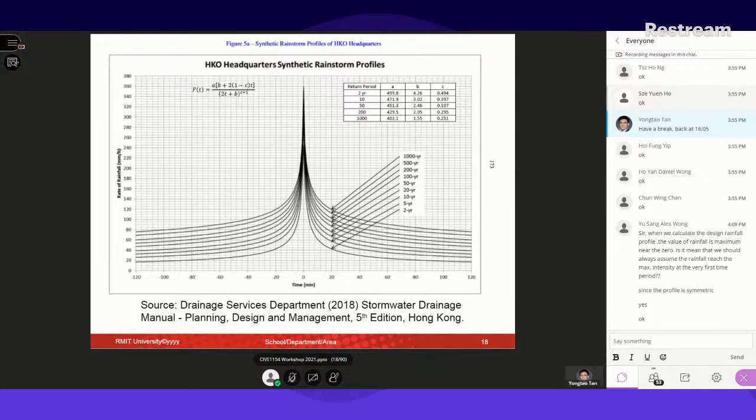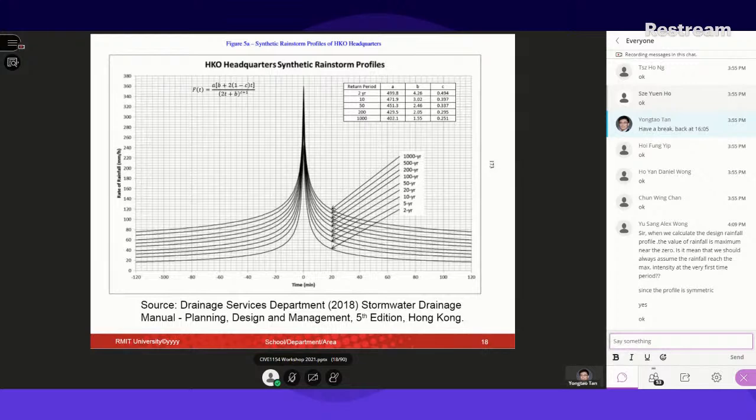At the very beginning of the rainstorm, the rain is small and then becomes bigger and bigger, and at the mid time, for example after 20 minutes, the rainstorm is at its maximum, and then after the 20 minutes, the rainstorm becomes smaller and smaller. So that is the normal pattern of the rainfall. It's also called a synthetic rainfall storm. We assume that.